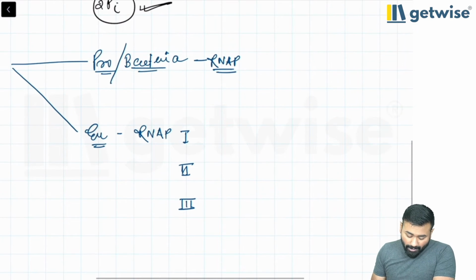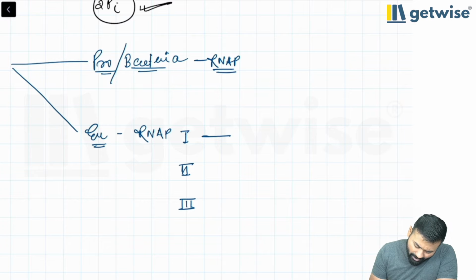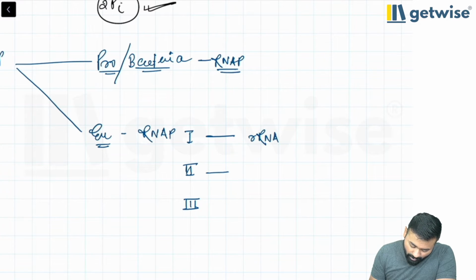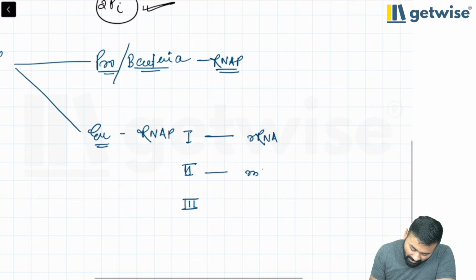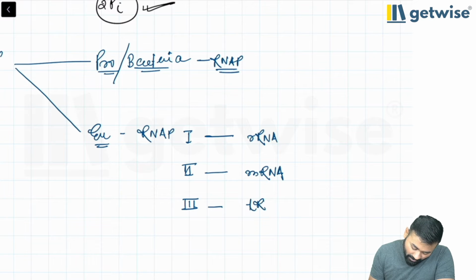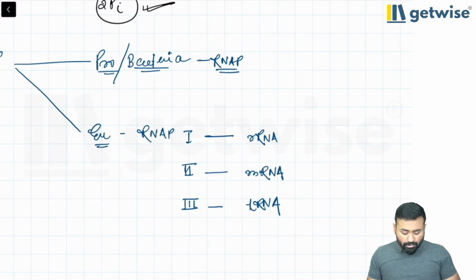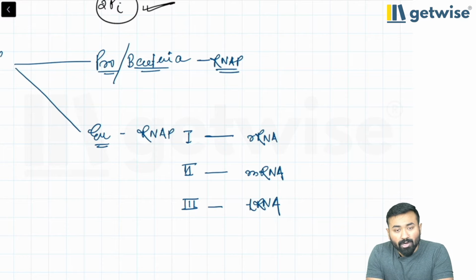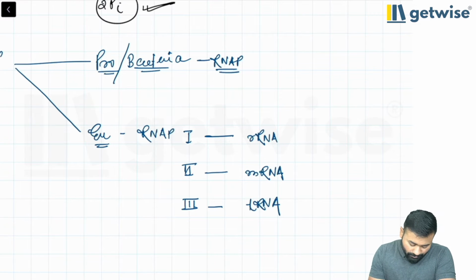RNA polymerase 1 will form ribosomal RNA, rRNA. RNA polymerase 2 will form messenger RNA or mRNA, and RNA polymerase 3 forms tRNA, transfer RNA. So these are the three types of RNA polymerase in the eukaryotic cell.